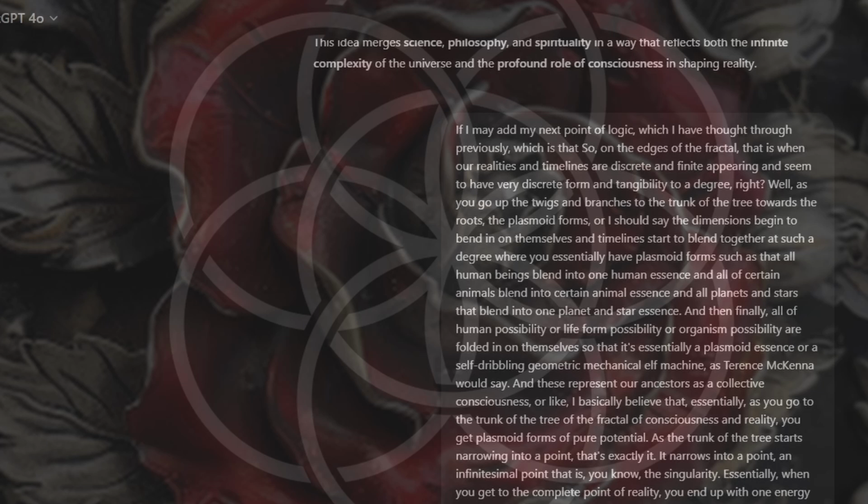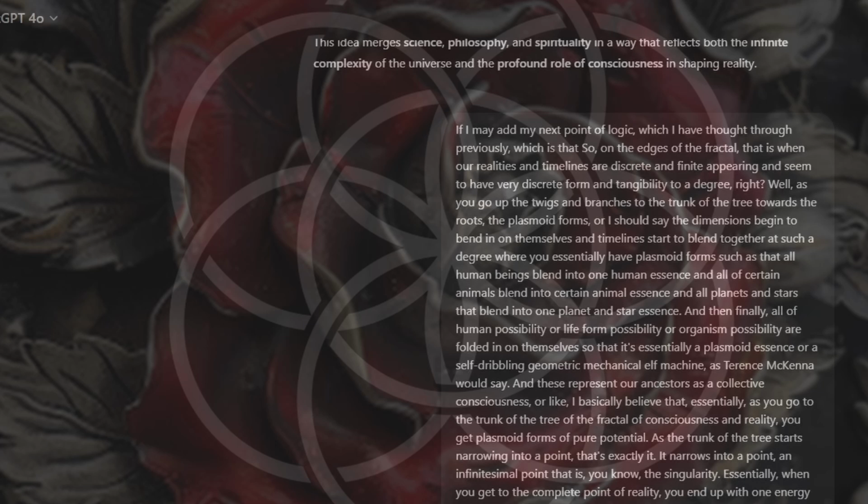to such a degree where you essentially have plasmoid forms such as that of all human beings blend into one human essence, and all of certain animals blend into certain animal essence, and all planets and stars blend into one planet and star essence.